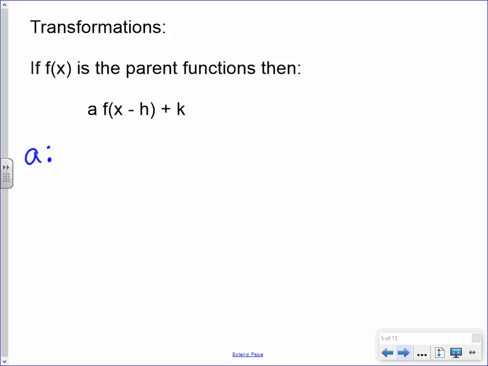A would be a shrink or stretch of the graph. Okay, it'd either be a stretch or a shrink. What kind of number would we want for a stretch? Greater than 1. You have to remember that for your roller coaster this weekend, right?